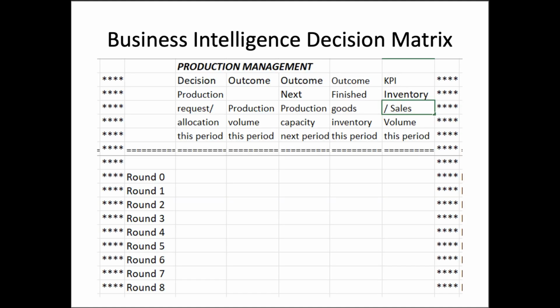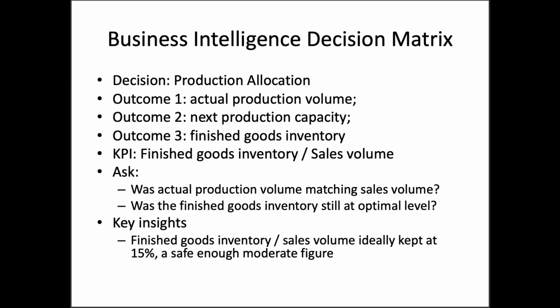You will apply the plan, do, check, adjust cycle to make decisions in the operations of the company over multiple business periods. You will generate a business intelligence decision matrix, like this one, as a tool to help you make sound and logical decisions on production allocation. The decision column is production allocation request.